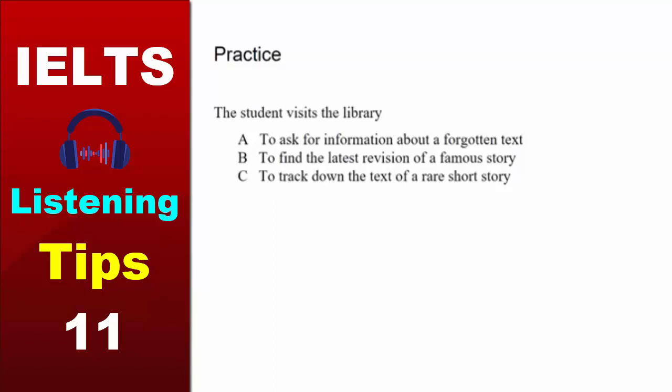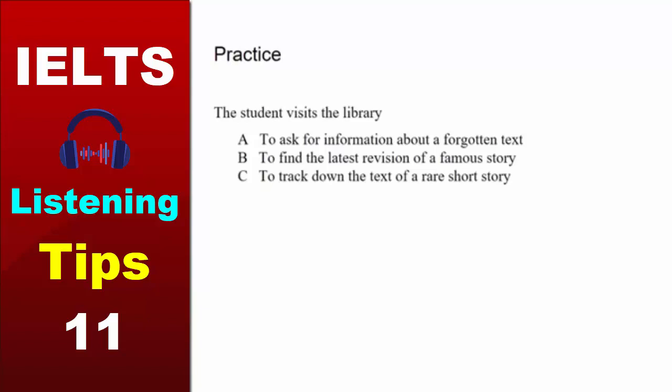So the student's going to the library to find information about a forgotten text, to get a revision of a famous story, or to track down a rare short story. Notice some things there in the words used. Forgotten and rare, answer choices A and C. Those are somewhat similar words, although forgotten means that something is, people no longer remember it.